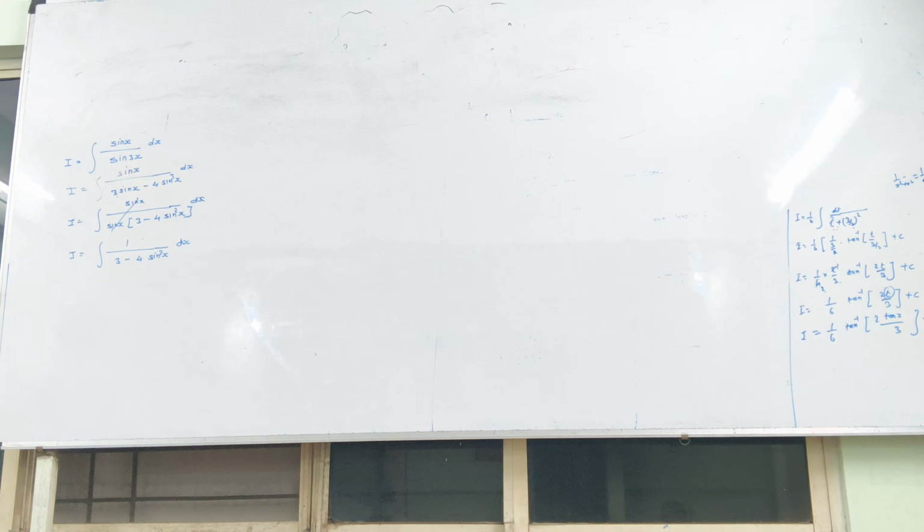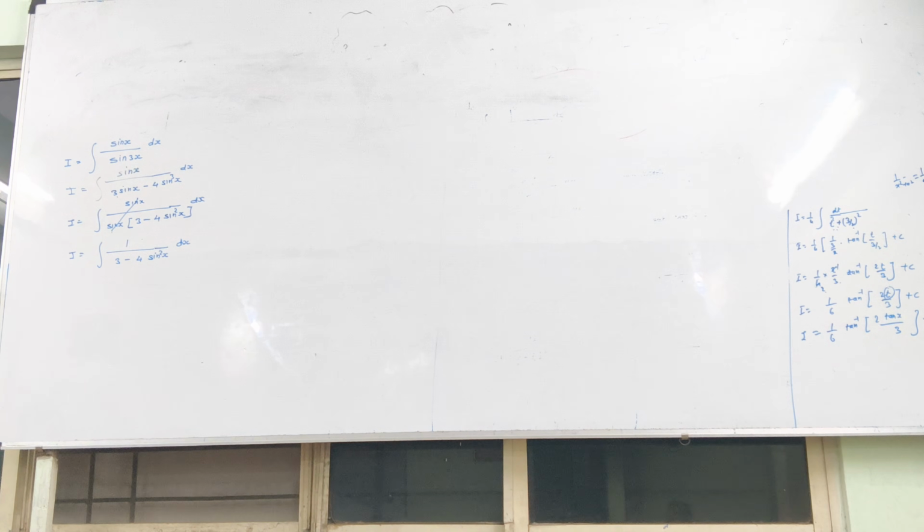Here a is equal to 3, b equal to 4, and this is the form of 1 upon a plus b sin square x. To solve this type of question, we divide each term by cos square.